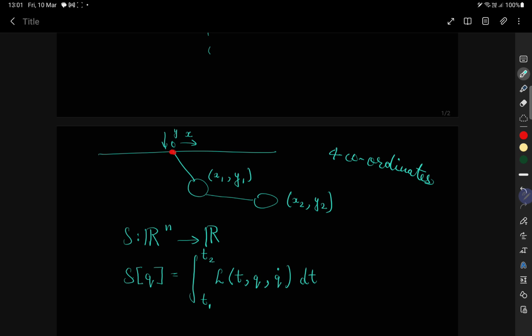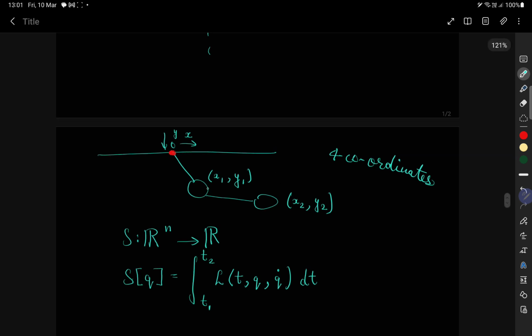What that tends to mean is that, suppose since this system has 4 coordinates, if I were to fix something like x1, so x1 goes away, now I should still be able to have motion within y1, x2, and y2.